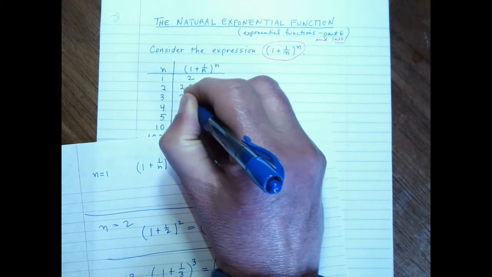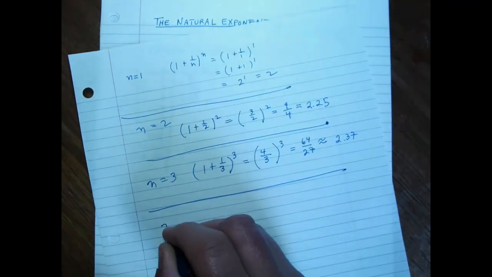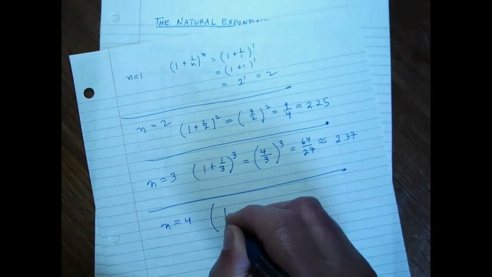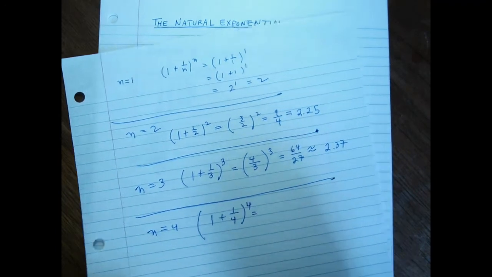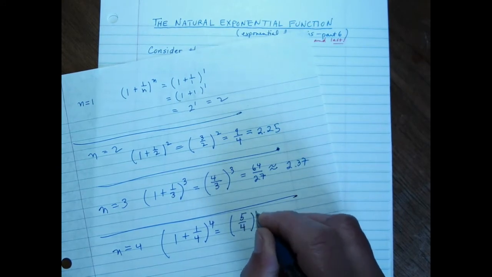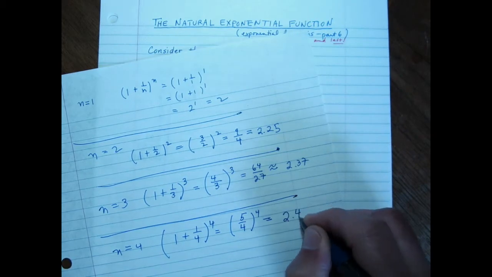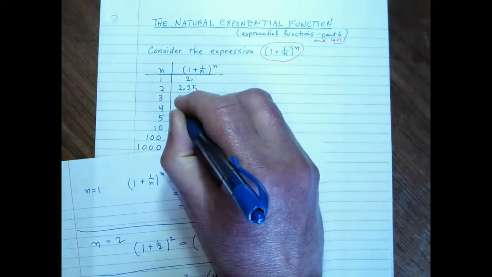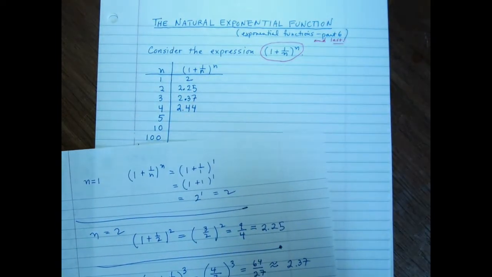So I think you see the point of what I'm doing here. I might not work through every one of these. n equals 4. 1 plus 1 fourth to the fourth is 1 1/4, or 5 fourths to the fourth. That's going to be about 2.44. So these are getting larger, but they're not getting that much larger.